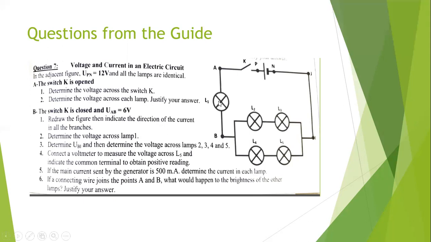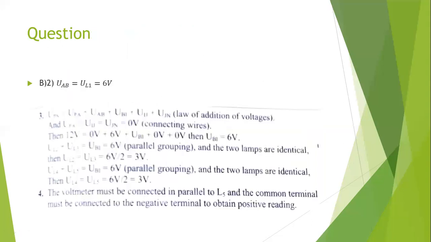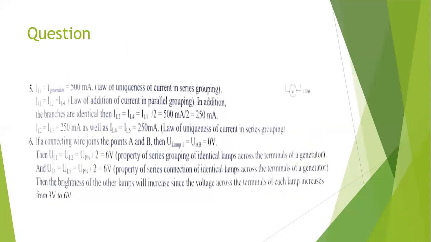Then the current across L1, since it is in series with the generator, will have the same current as the generator, which is 500 milliampere. Then, according to the law of addition of currents in a parallel grouping, IL1 equals IL2 plus IL4.